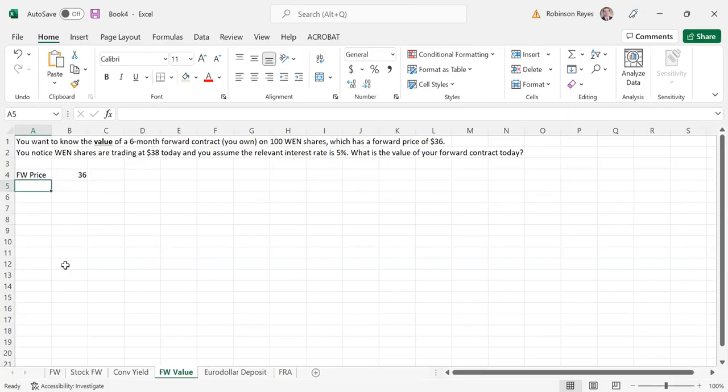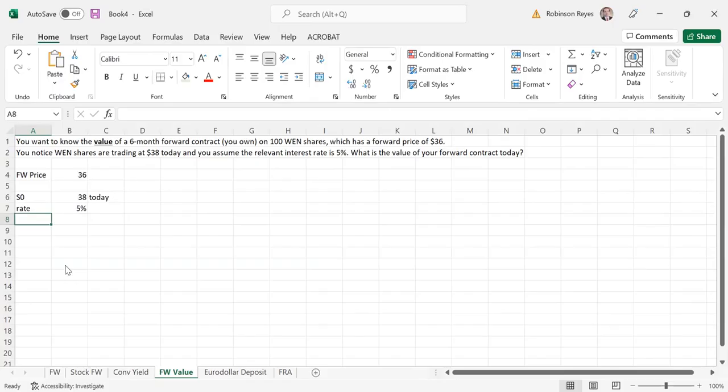Now, you notice that the spot price, or in other words, the shares of Wendy's, are selling at 38 today. We already know how to calculate the forward price, and if the interest rate is 5%, we can calculate the price of this forward contract again today, given the updated price of Wendy's. So how can we do that?